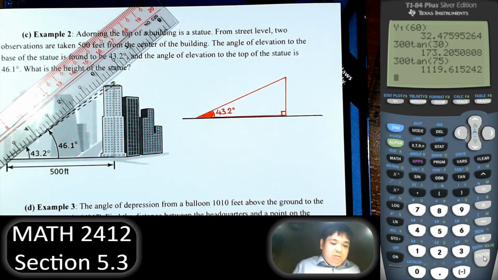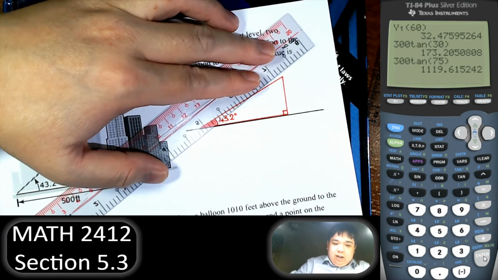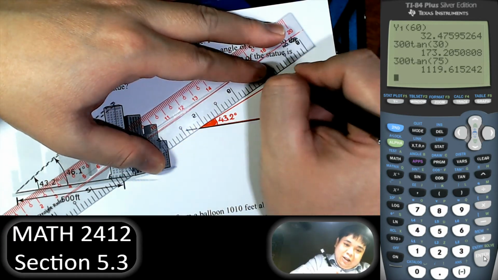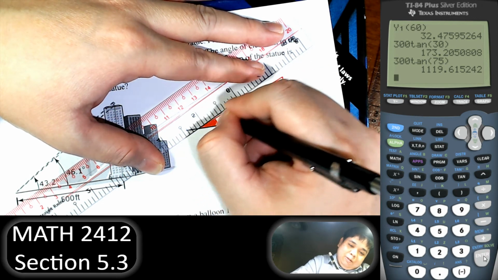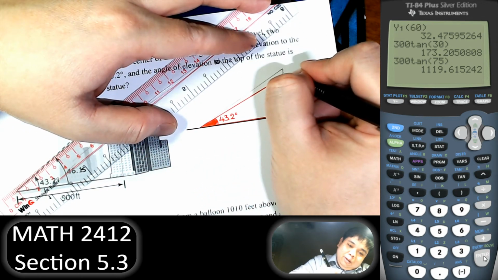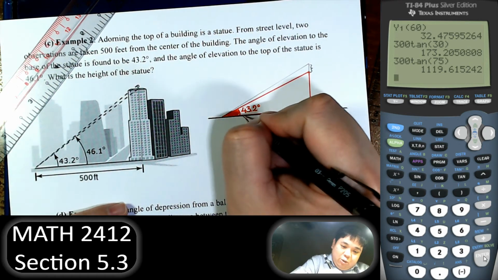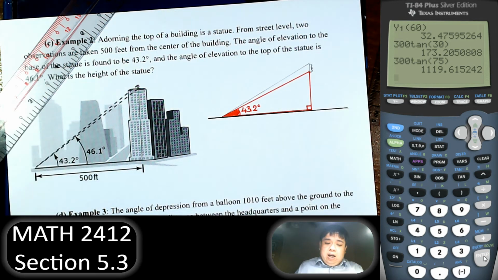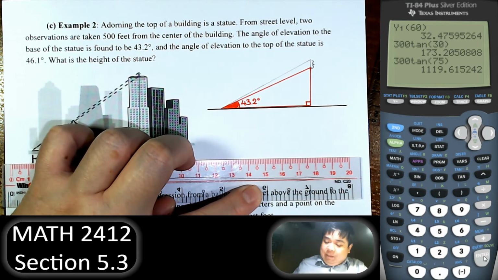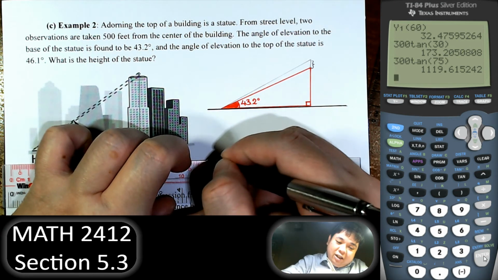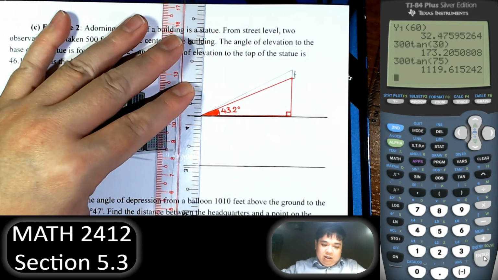And then the other triangle is a bigger triangle, so that we have the height of the statue here. In that case, this angle will be 46.1, but I'm not going to draw it on top of that where it is difficult to see. Just going to draw that here. Now this will be, say, the same width here.